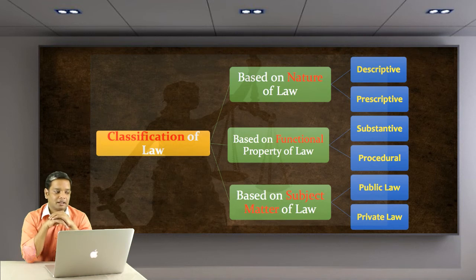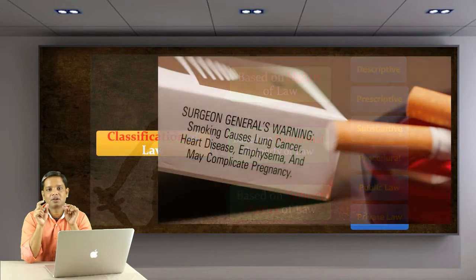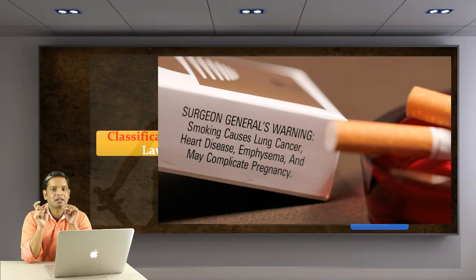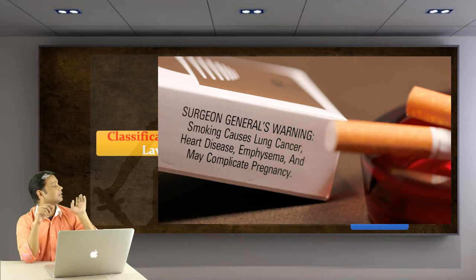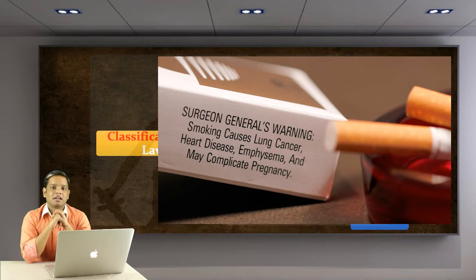See, in India, the example you can see is that on the packet of cigarettes, it is mentioned that smoking is injurious to health. You can see there. Smoking is injurious to health, but still it is allowed to sell, to smoke, isn't it?